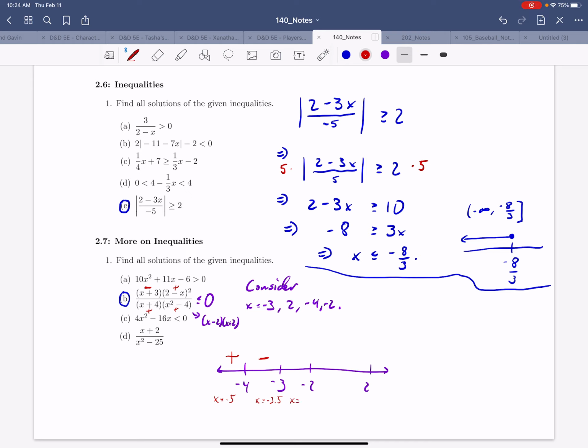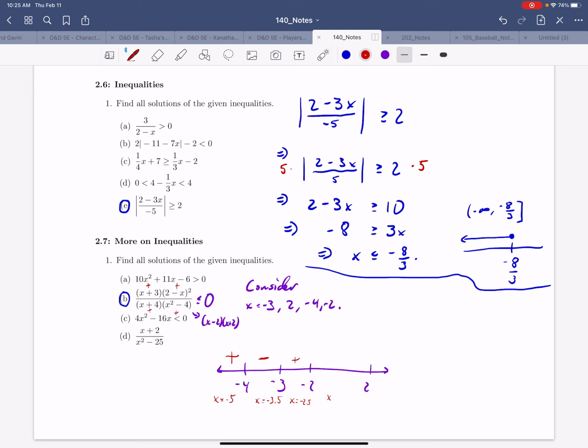Now another not so nice value, x equals negative 2.5. Here we're going to get positive, positive, positive, and 2.5 squared is bigger than 4, so this is also going to be positive. So it looks like everything is positive here.